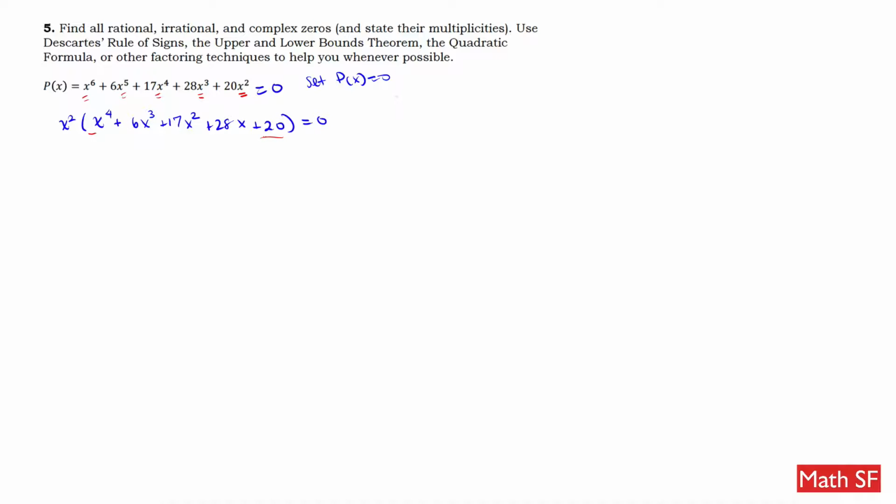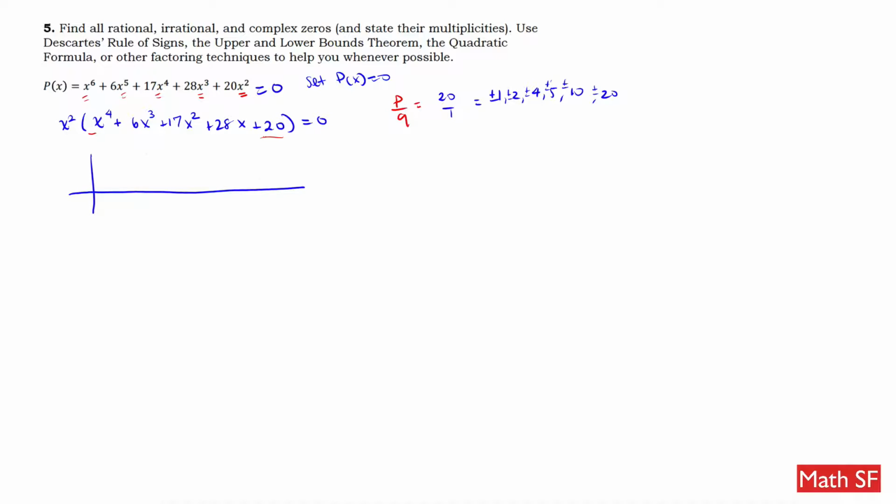Here p is 20 and q is 1. So you're using all the factors of 20, which are 1, 2, 4, 5, 10, or 20, plus or minus each of them. They didn't ask you to list the possible zeros, but it's just going to help you use your synthetic division.